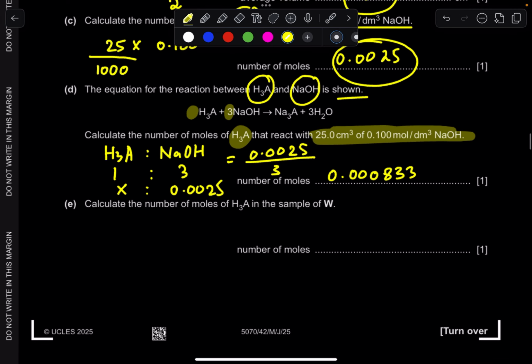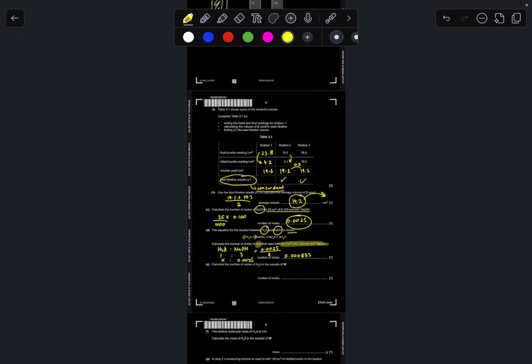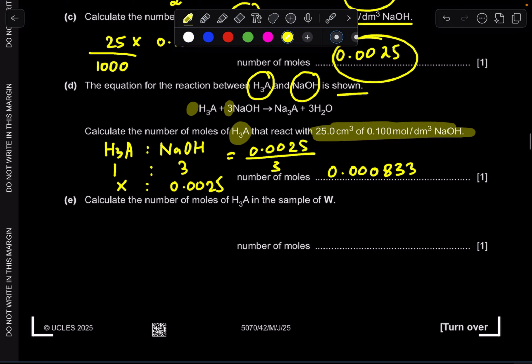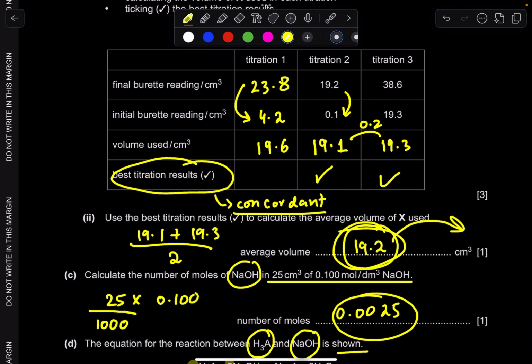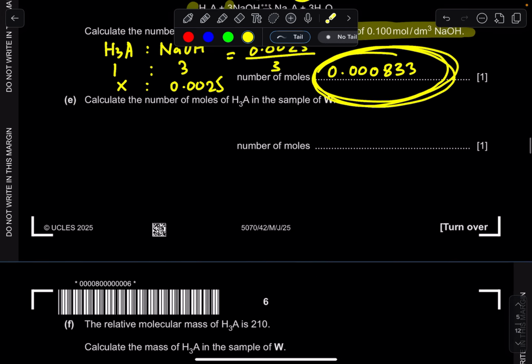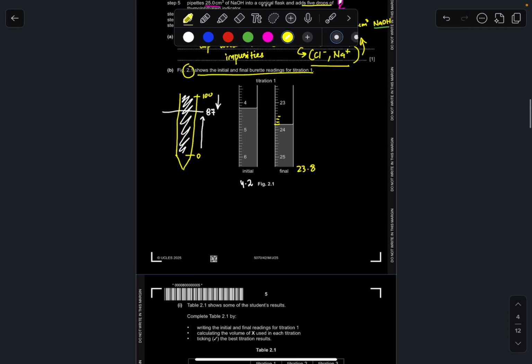So we have the number of moles of H3A in 19.2 cm cube. Because we used this much volume, and in that we had this much moles that reacted. So 19.2 cm cube has 0.000833 moles.